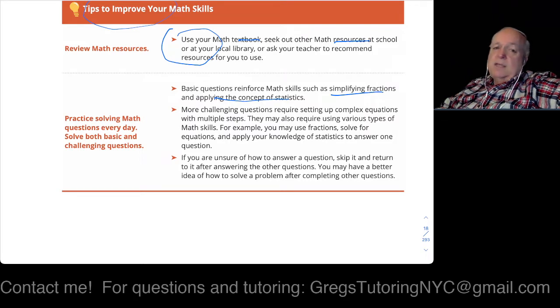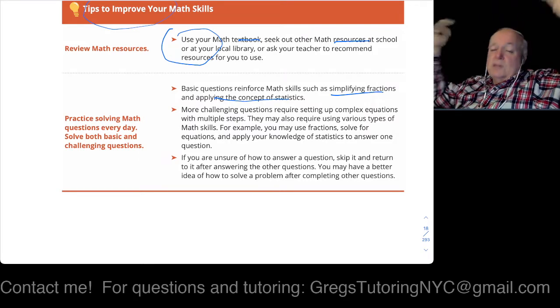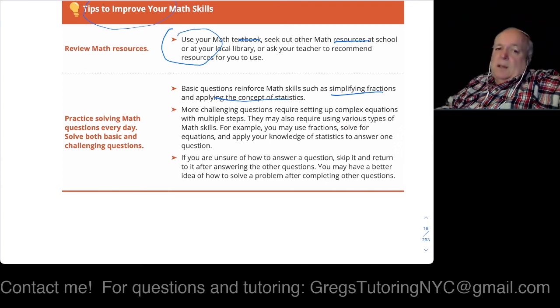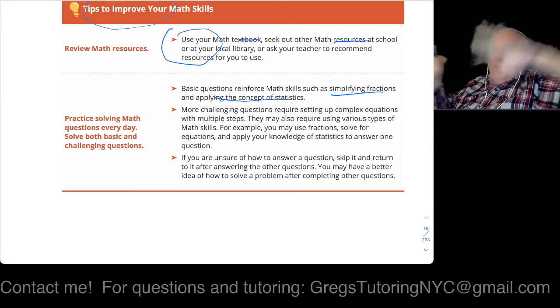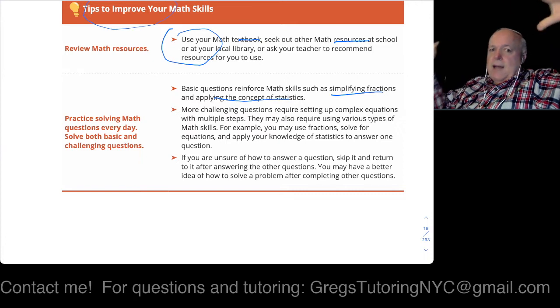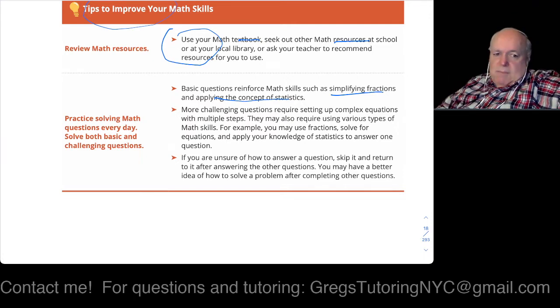The SHSAT is doing those 3 things as well, plus this whole novel approach to things and how to think out of the box and how to do analytics on a question that you've never seen before in your life and still be able to pull it out of a hat logically and coherently and make it fall into place. Okay. So again, it's about math skills, especially with multiple steps and challenging questions.